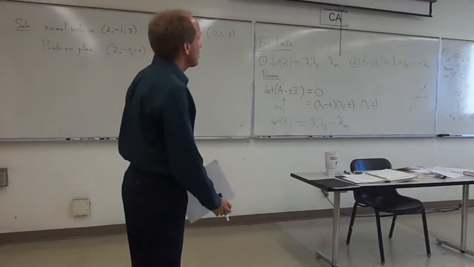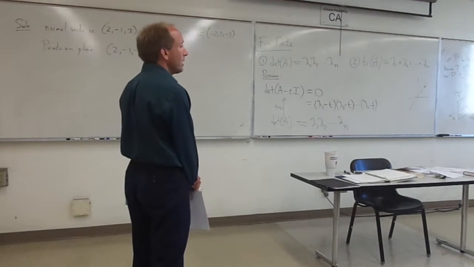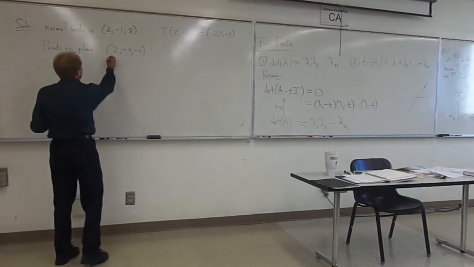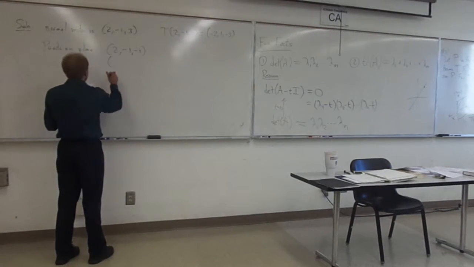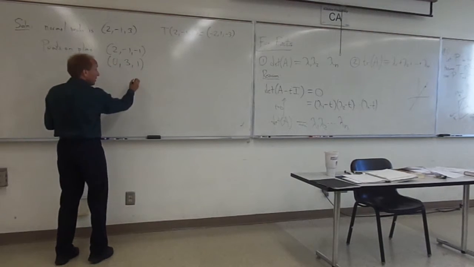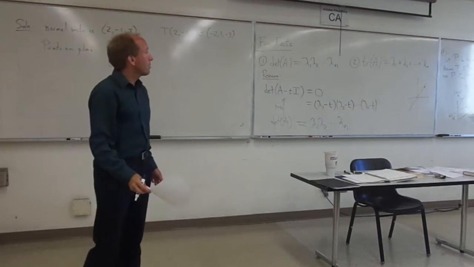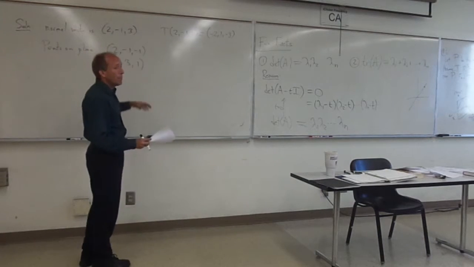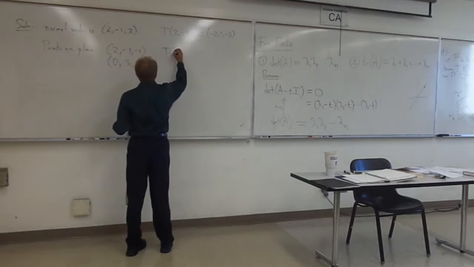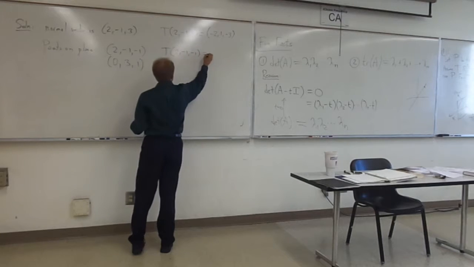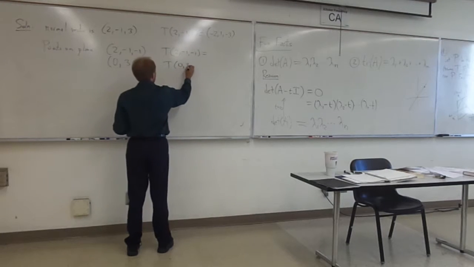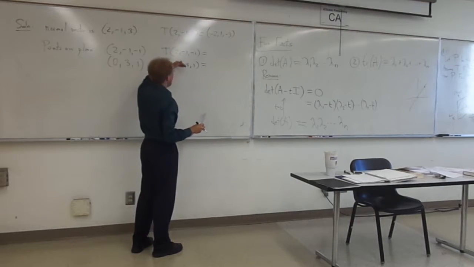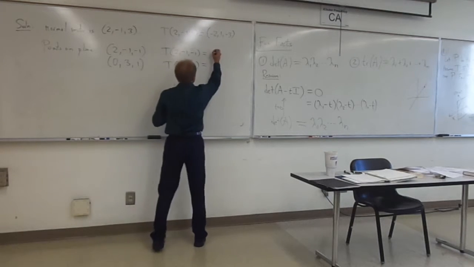Let's see if that seems reasonable. Another point that would be on the plane that I wrote down was (0, 3, 1). These points are on the plane. And the point here, guys, is that if you transform a point that's on the plane, it doesn't move.